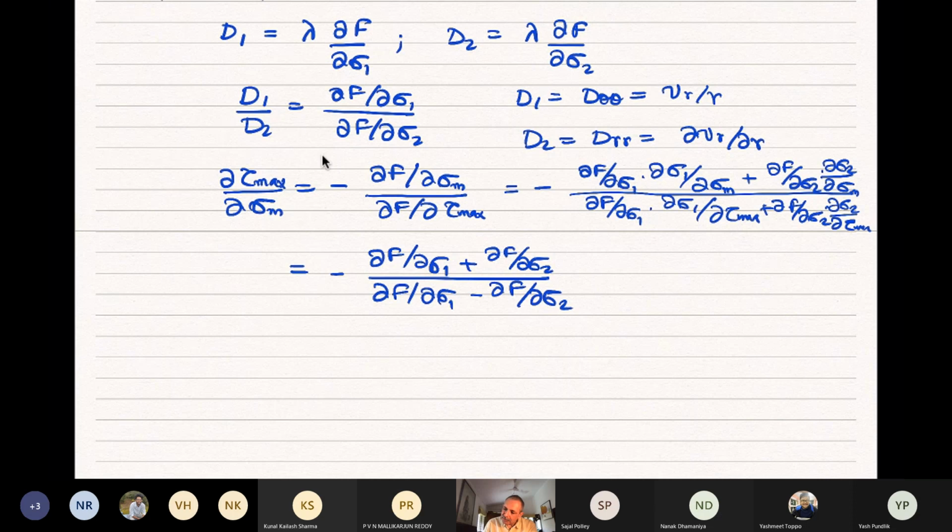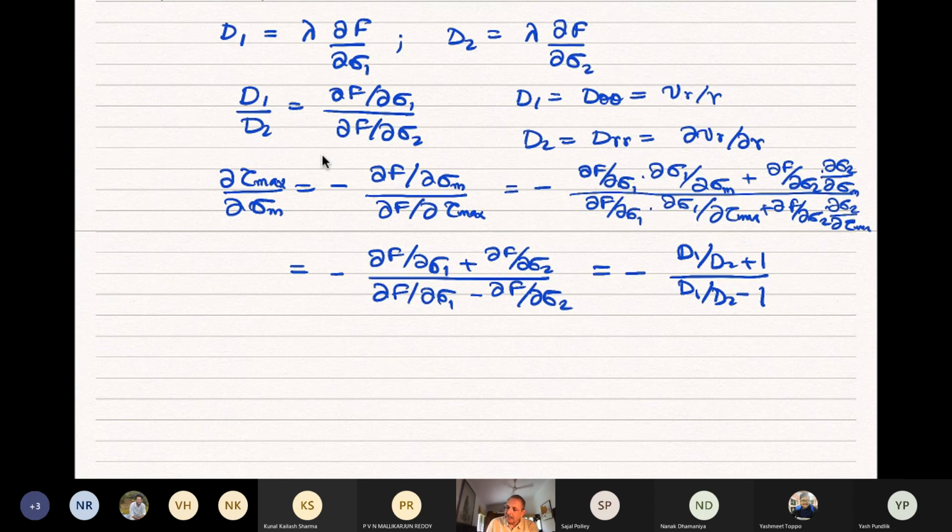And now if I divide throughout by del f by del sigma 2, then I can use this expression, and what I will get is that this is simply equal to minus of d1 by d2 plus 1 divided by d1 by d2 minus 1. So this is what you get.